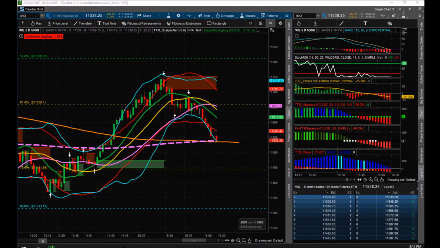The VWAP is also there. You just have to put everything together to make it work for you. So you have to find a strategy that works for you. And this has worked for me. Again, this is something that anybody could try and then go from there.